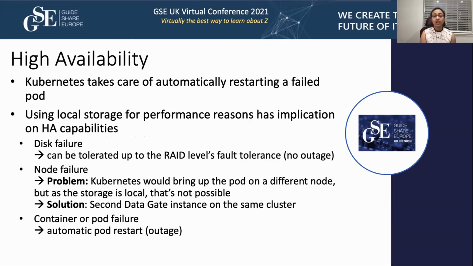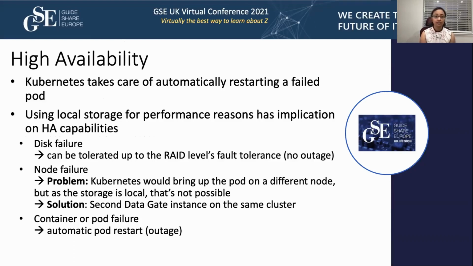So let's move on to the next characteristic that we all know is very important for enterprises: high availability. Since DataGate is built on the platform, high availability is already built in, because Kubernetes takes care of most aspects of high availability by being able to automatically restart failed pods.